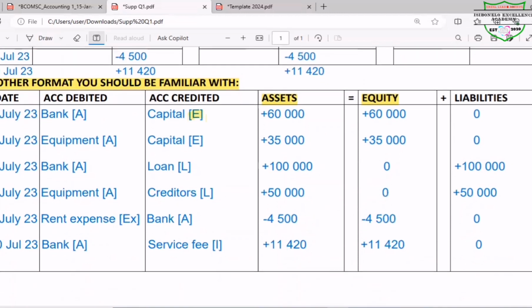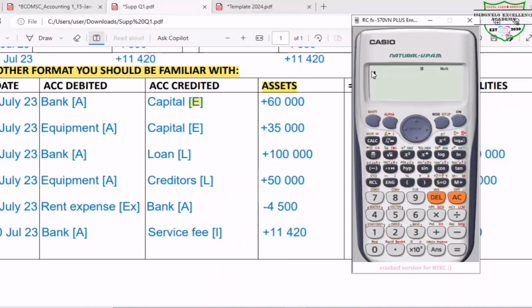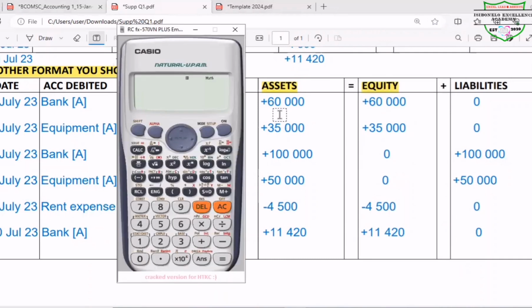So now you can check if your equation is balancing, because your equation should balance. So how do you check if you have prepared your equation correctly? Now we're gonna add all the balances that we have under the asset column.